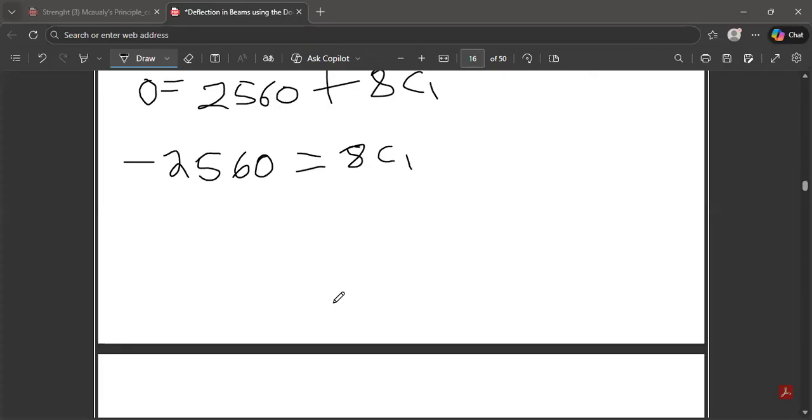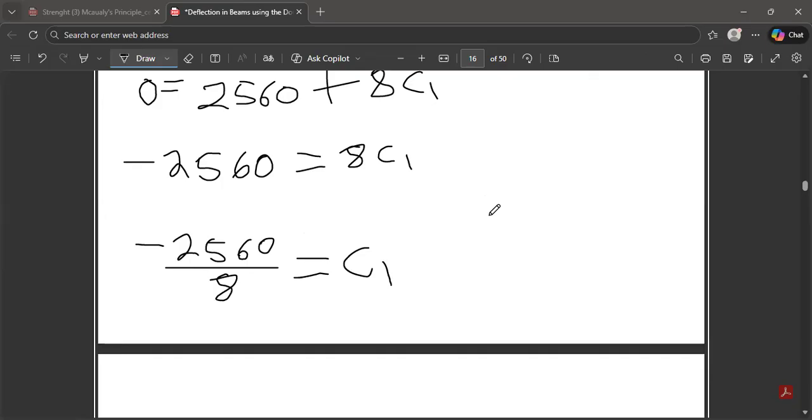Now you want your C1, so you have to divide. This is going to give us minus 2560 all over 8 is equal to our C1.